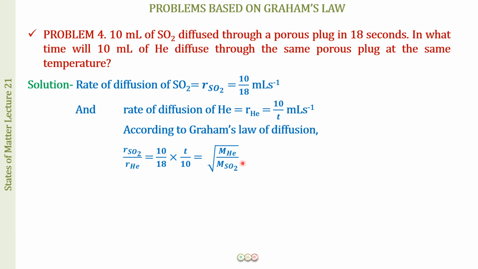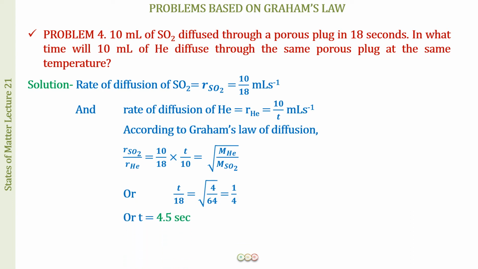And this is going to be equal to under root of M He by M SO2, because the masses of these two gases are known to us. We do not know the density, but the molecular masses we know. So we can just simply put them in and then we will be able to find the value of T, and the value of T is going to come up as 4.5 seconds.